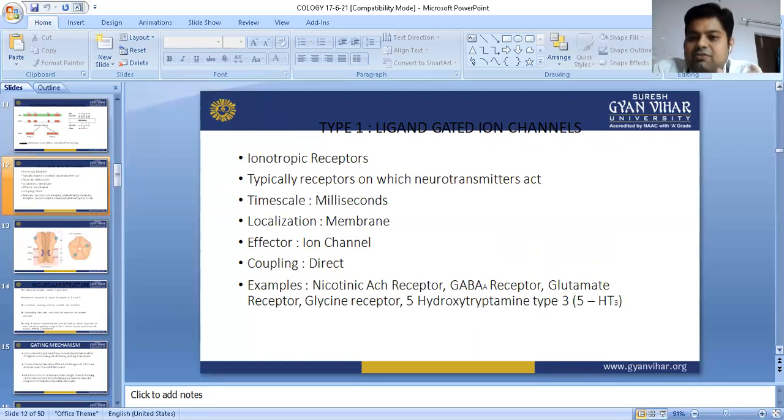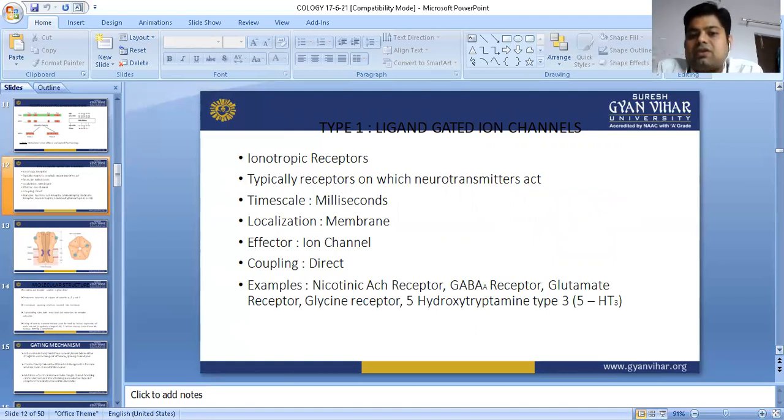The time scale is milliseconds: any neurotransmitter will bind and this channel will open, taking very few seconds to act. The location is on the membrane, on membranous sites. The effector is the ion channel, with direct coupling: the drug directly binds with the receptor, and in the meanwhile the channel opens.